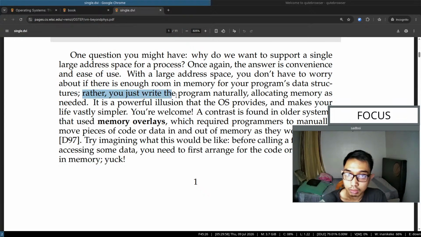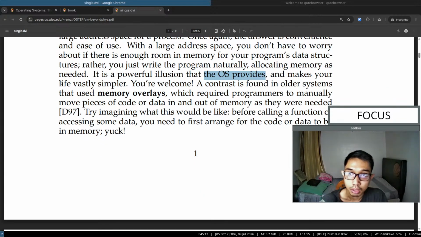Rather, you just write the programs naturally, allocating memory as needed. It is a powerful illusion that the operating system provides and makes your life vastly simpler. You're welcome.